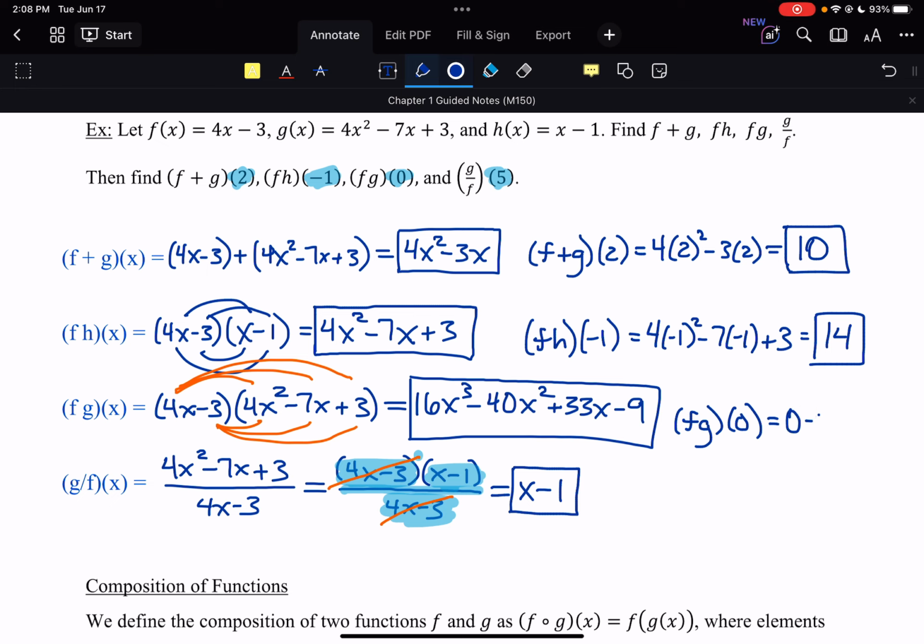That's going to be a 0 minus a 0 plus a 0 minus a 9. So we just get negative 9.